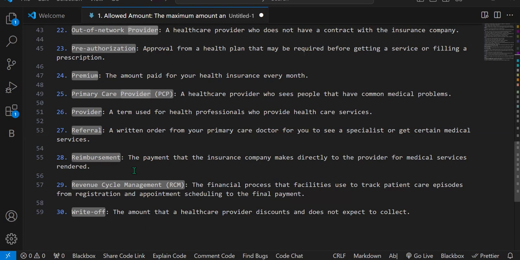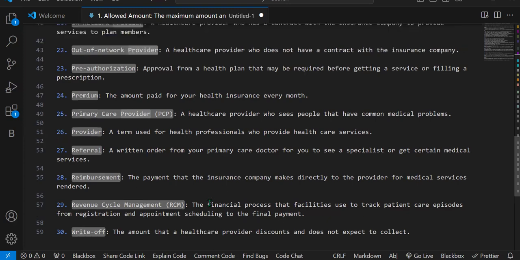Whatever the doctor expects, that full amount will not be paid; only some amount will be paid by the insurance company. Some CPT codes will be written off, which means they will not be paid. For this write-off amount, the doctor should not ask the patient or the insurance company. Those things come under write-off. That is called write-off.